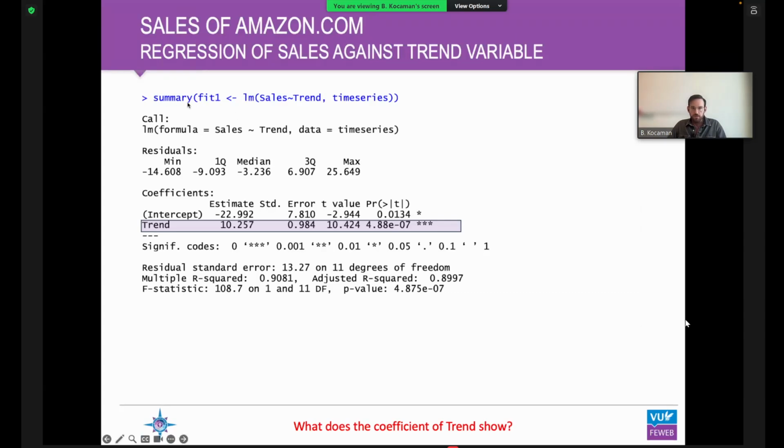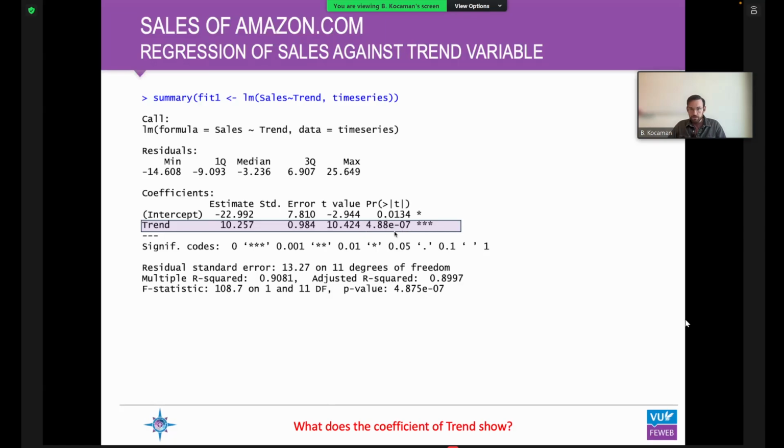When we do that, we again just use the lm function, sales tilde trend. We have just one explanatory variable, or one independent variable, and we use this time series data. And we use the summary function to look at the summary output from this model. Here you can see that the coefficient estimate for the trend variable is actually significant.